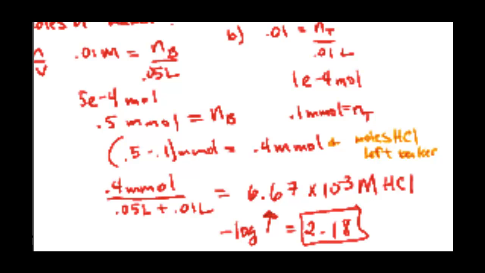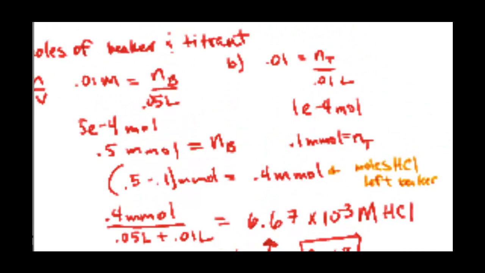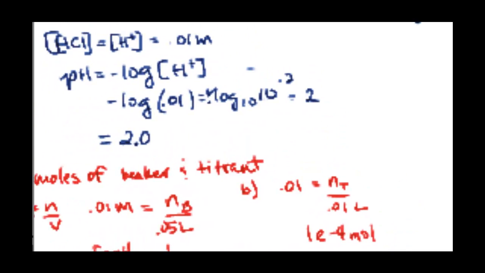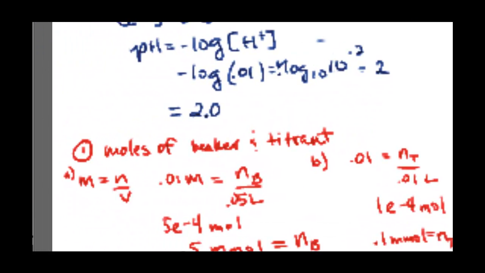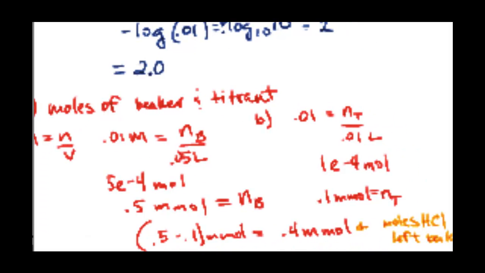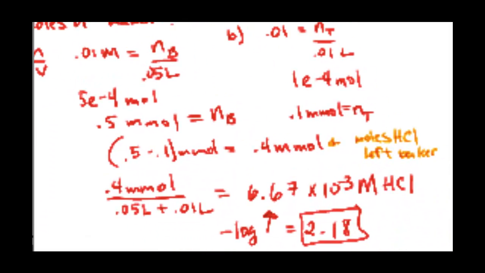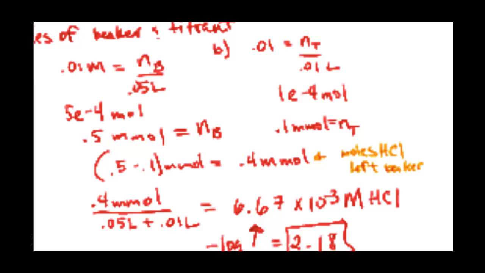Okay, so you added a little base, the pH went up a little bit, which is kind of what you expect. Again, find the moles of each, take the difference, divide by your new volume, and that's your pH.